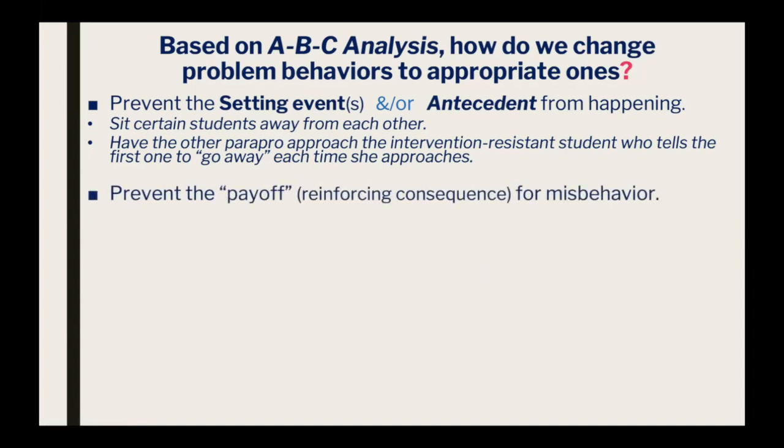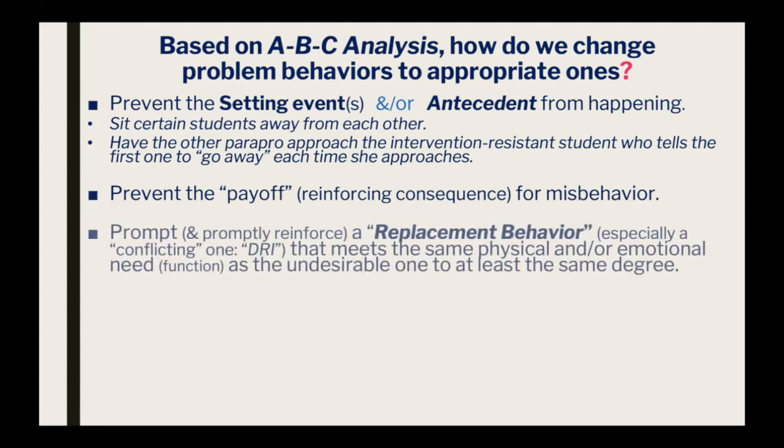Or we could go to the other side of the B. We prevent the payoff from happening, that reinforcing consequence for that misbehavior. And what we'll try to do is prompt a replacement behavior. We'll pull out the B and insert another B, an appropriate behavior.